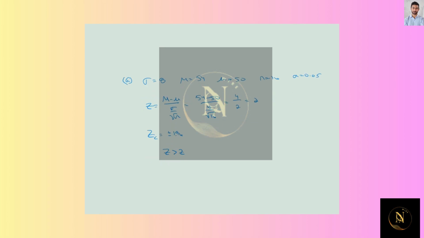And since z is greater than our critical z, we can reject the null hypothesis, meaning the sample mean is sufficient to conclude that the treatment has a significant effect.